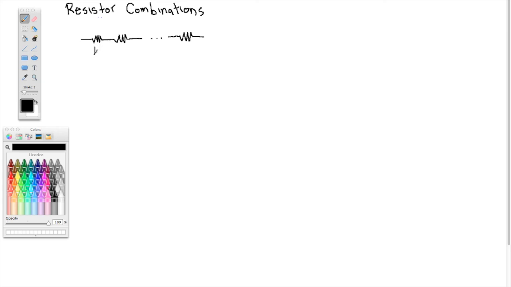But let's say we have R1, R2 through Rn. So we have n series resistors. Not just 2, but n. And we connect these series resistors to a voltage source.